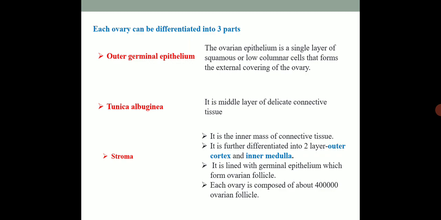Third, an inner mass of connective tissue, which is further divided into the outer cortex and inner medulla, and it is lined with the germinal epithelium, which forms the ovarian follicle. Each ovary is composed of about 4 lakh ovarian follicles, which you can see in the stroma region.